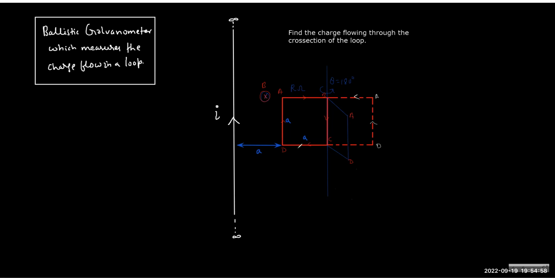So if I find the initial flux, which is certainly mu naught I by 2 pi ln2, and the final flux is how much? Mu naught I by 2 pi ln 3 by 2. So the total flux change, delta phi, is basically phi1 plus phi2.